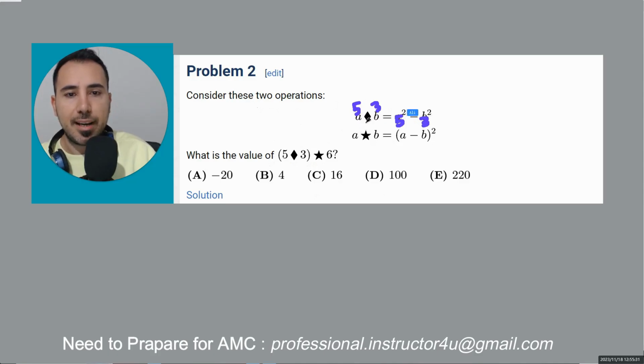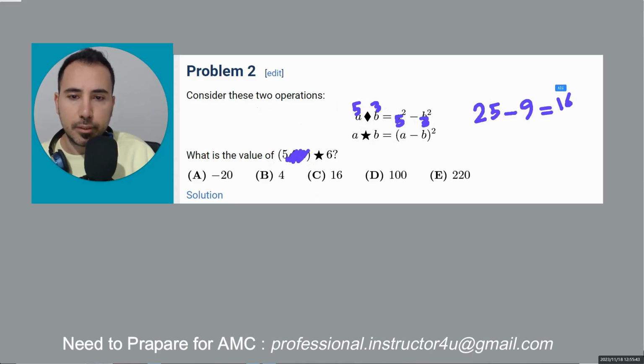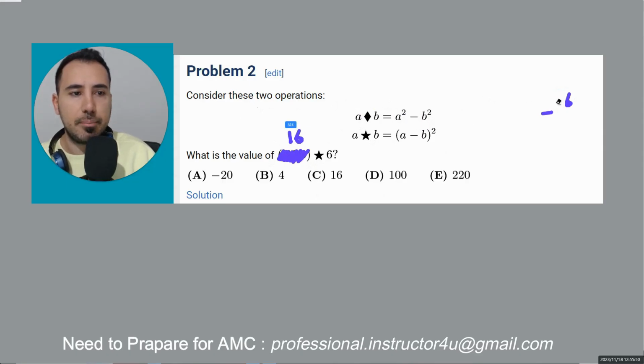So 5 diamond 3 will be 25, 5 times 5, minus 3 times 3, which will be 16. So this one is 16, and we no longer need the diamond operation. We need the other operation.